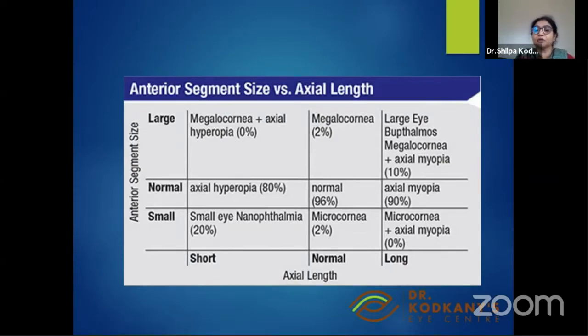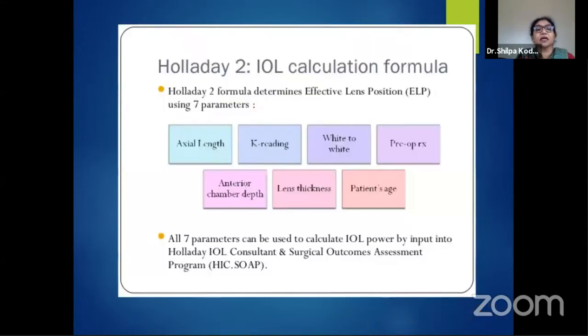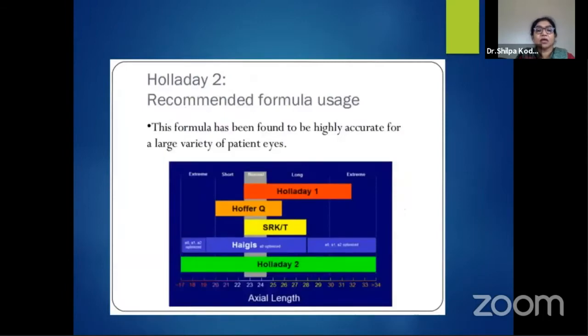And this was where probably the error was coming in. That's why he came out with a formula which had 7 variables, the 2 extra variables being pre-op refraction and patient age. And so formulas have come in to try and incorporate a wider range of axial lengths, to be able to get a one-step formula for all axial lengths and keratometries.